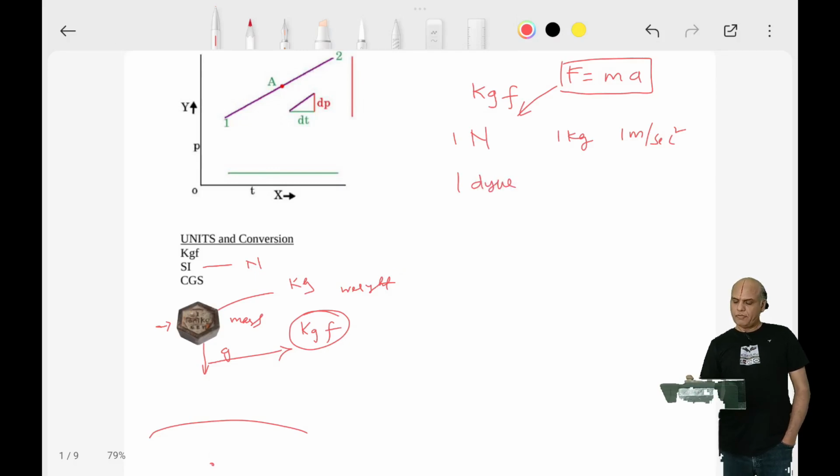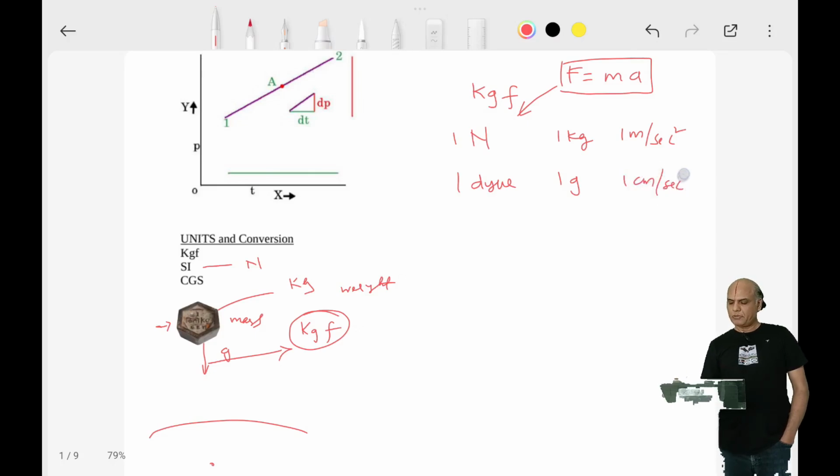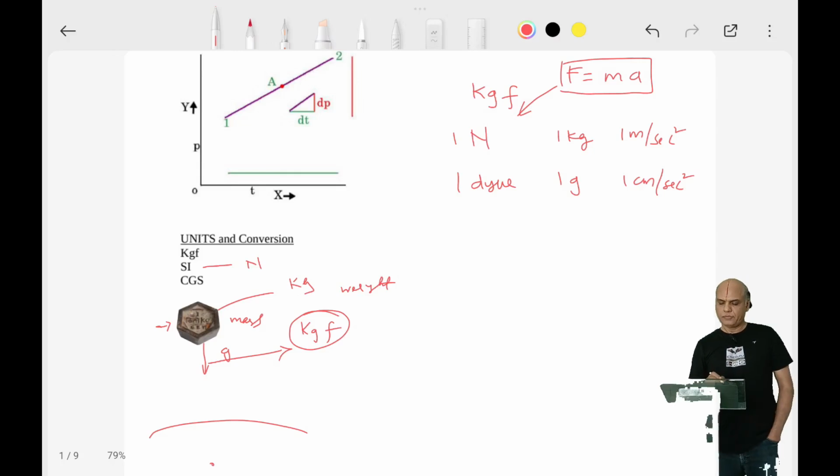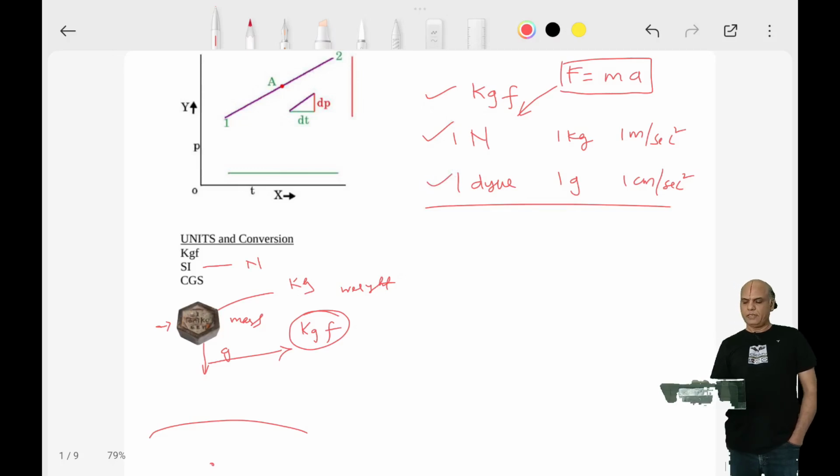How do you define 1 dyne? 1 dyne is the amount of force required to accelerate 1 gram of mass through 1 centimeter per second square acceleration. So the 3 units of force are the gravitational unit kgf, which is the biggest, then in SI units it is Newton, then in CGS units it is dyne.